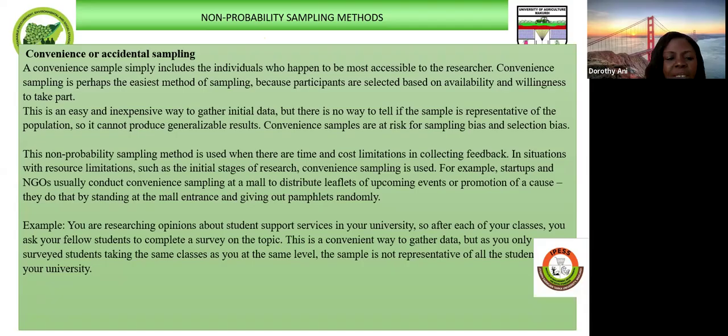After each of your classes, you ask your fellow students to complete a survey on the topic. This is a convenient way to gather data, but you only survey students taking the same courses as you at the same level. The sample is not representative of all the students in the university. I hope that is very clear.